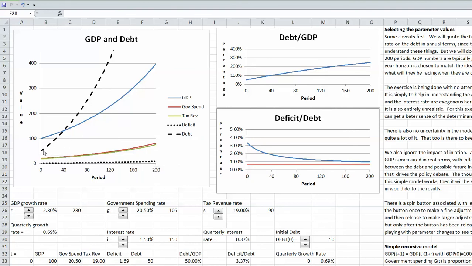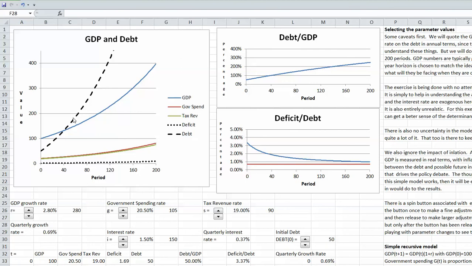The last curve to point out is the debt, and this graph right now is set at what you might call the nightmare scenario, where the debt to GDP ratio is rising throughout and is getting perhaps in an uncomfortable zone, even though it started out as 1/2. Debt is growing faster than GDP throughout.